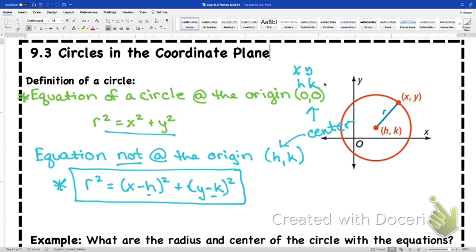And I will tell you from now on, the entire time you are in my classroom, I will not give you another equation without an h and a k in it. Because that's what moves it around the coordinate plane. And they always do the same thing. h is always left and right, horizontal, and k is always up and down, vertical, the y's.